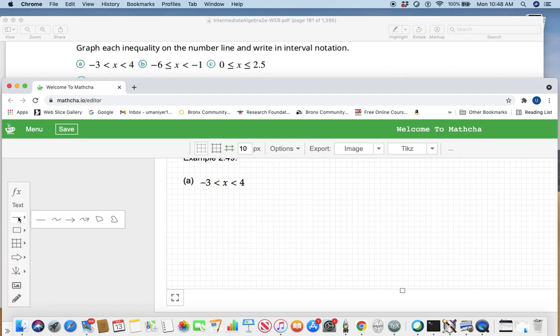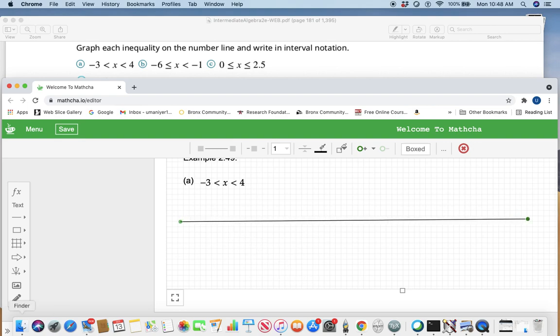Okay. So now there are 2 points of interest. There's negative 3 and then there is 4. Start with your number line. The leftmost point is negative 3, which is not equal, so it's not included. So negative 3 is not included, so it's not a filled in point.